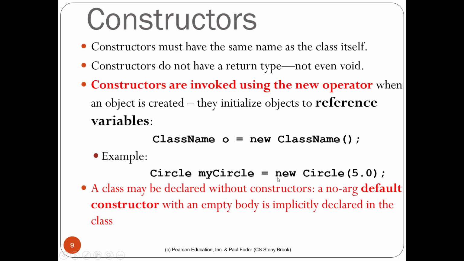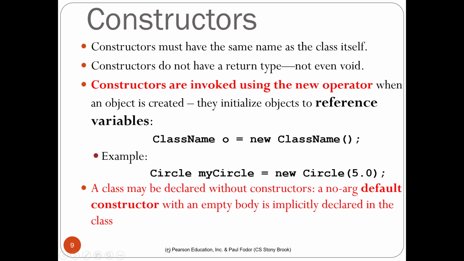You need to use the new operator. So you'll say Circle myCircle = new Circle(5.0). This is in fact a call to the argument constructor because you're passing a value, you're passing 5. So my circle object will have the radius 5.